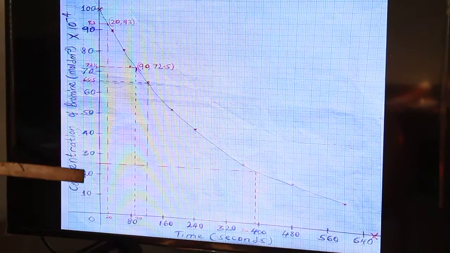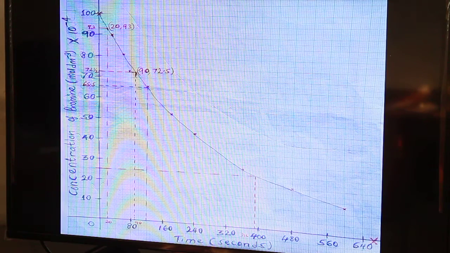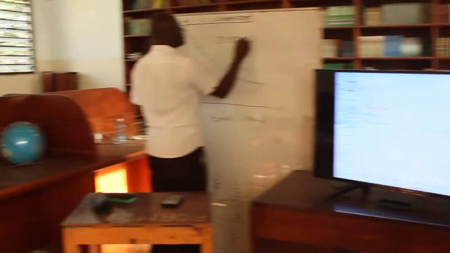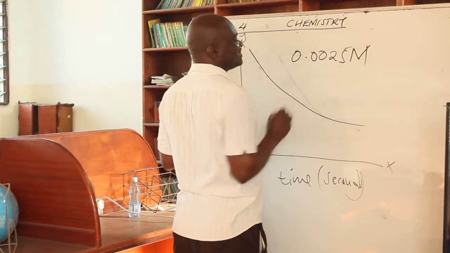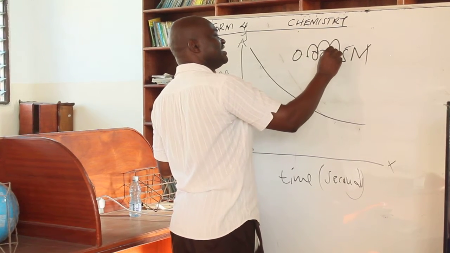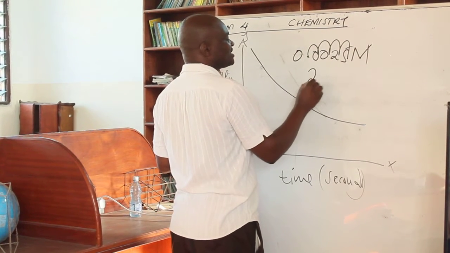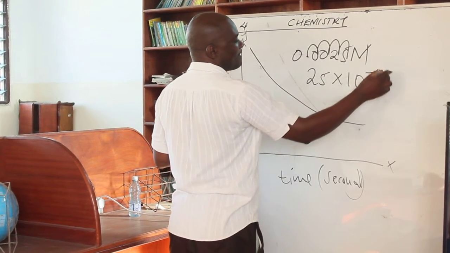If you are given 0.0025 molar, it will be 1, 2, 3, 4, so it will be 25 times 10 to negative 4 molar.